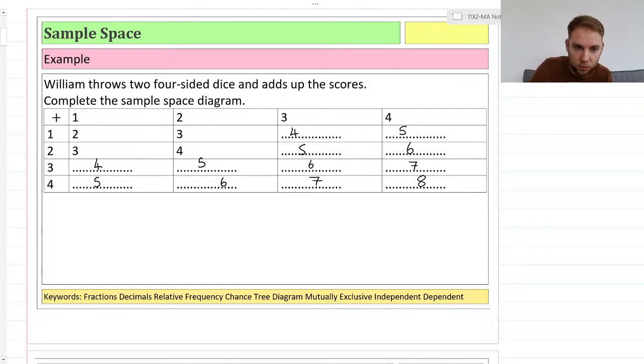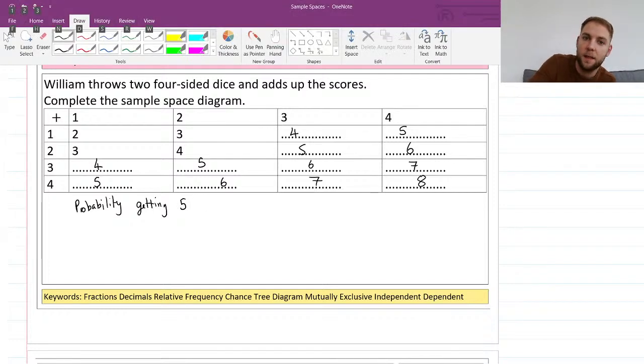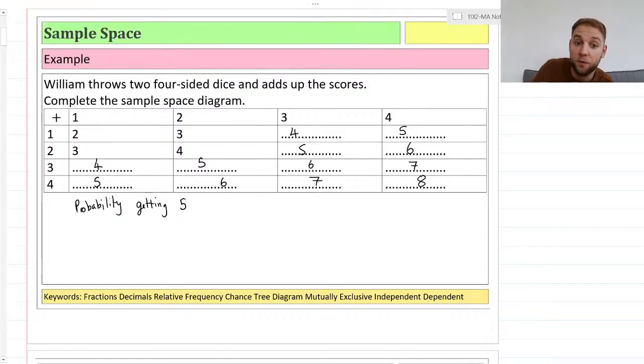So maybe we'll have a little think about one of the questions. One of the questions might be, what is the probability of getting, let's say, 5? So the probability of getting 5. Now with this one here, it's the amount of 5s over the total outcome.